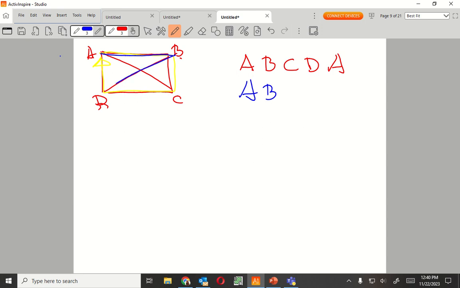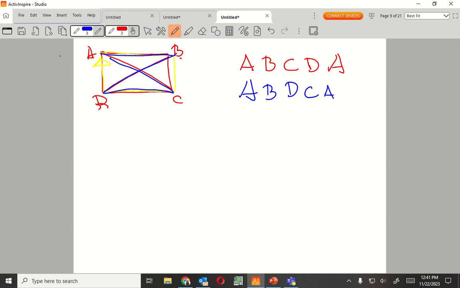I can go to D, C, A. D, C, A. So you notice the combination changes, but the first 2 letters are going to stay the same. And I just flip these 2 right here. Okay, so now since there's only 2 being flipped, I have that one and that one for both of those.